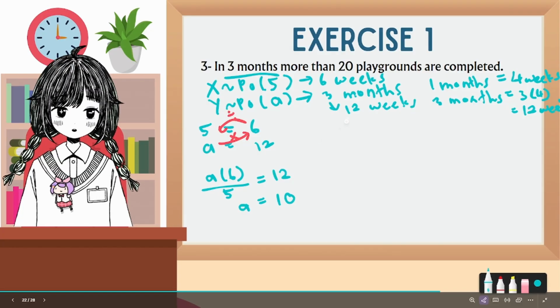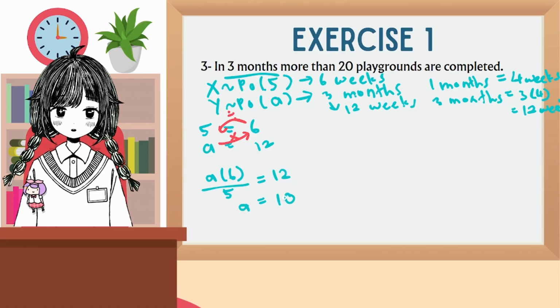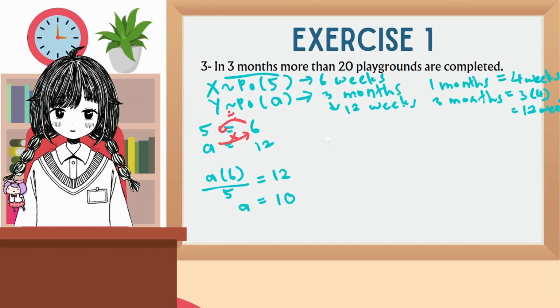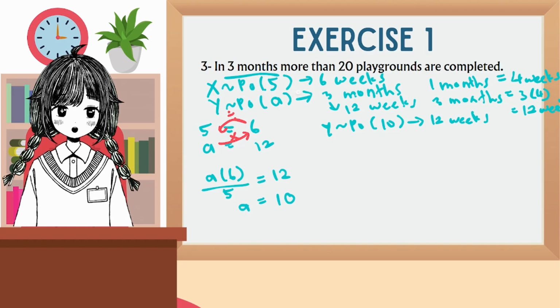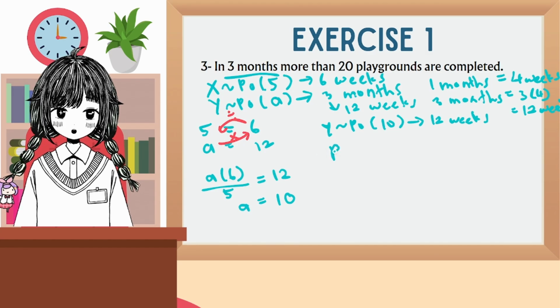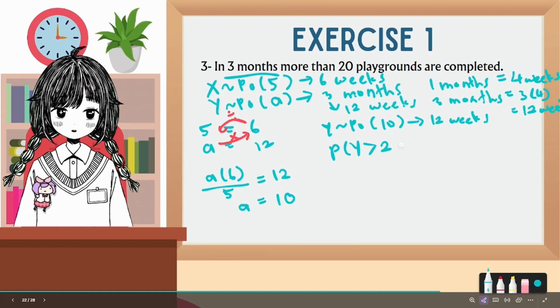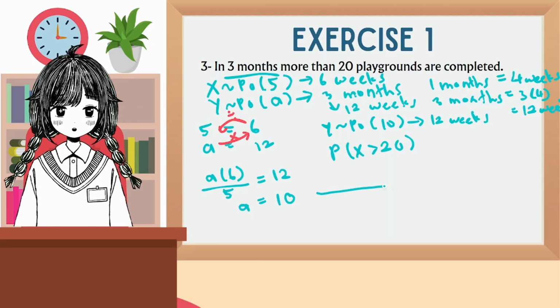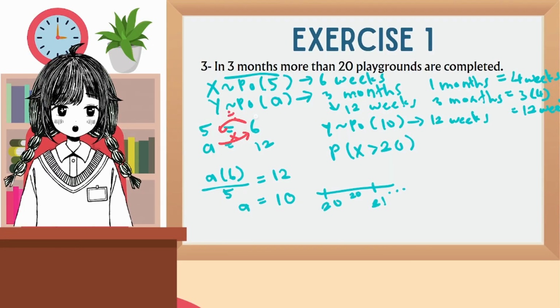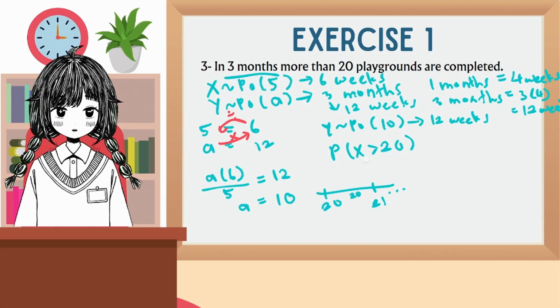Now finally, we can answer the question with the newfound Poisson distribution for 3 months or 12 weeks. So question 3 asks for more than 20 playgrounds. So the graph should be looking like this. More than 20 means 21 and above, not including the 20.